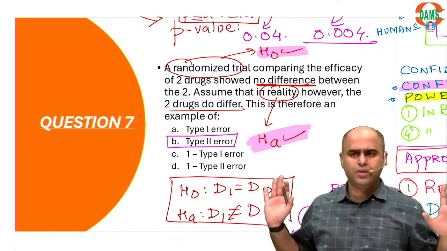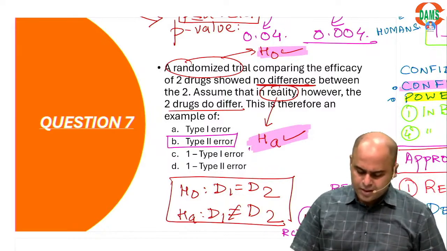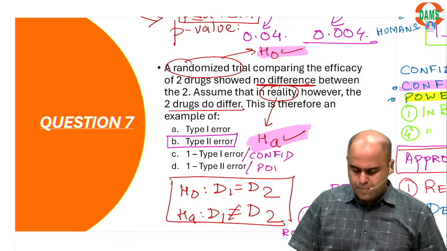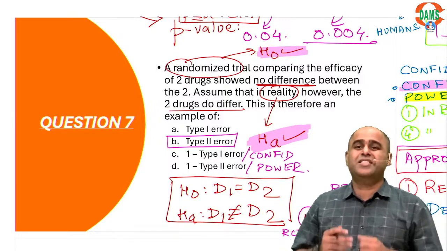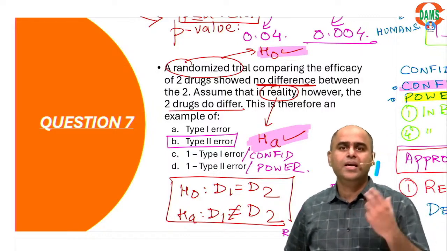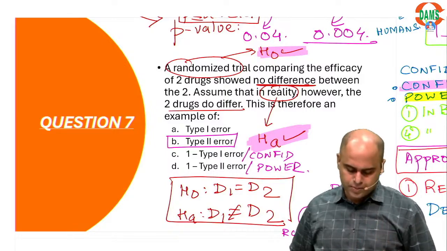I hope I'm clear with this. Done guys, over, fantastic. 1 minus type 1 was confidence, 1 minus type 2 is power. So if I just change the wordings of the question, the answer will totally change. Done, over, finish guys, cool.